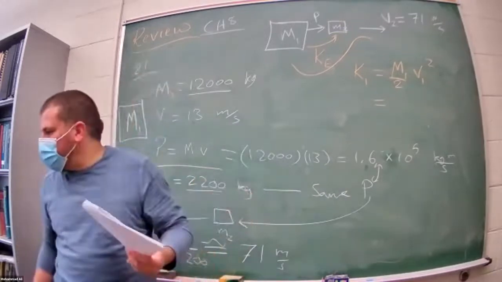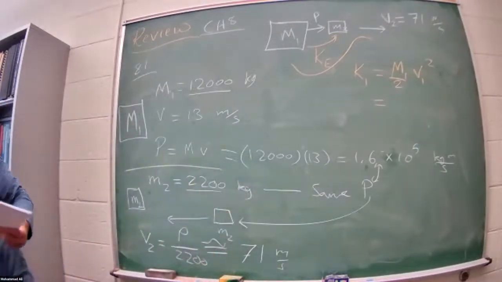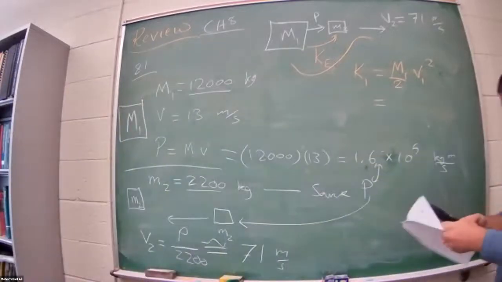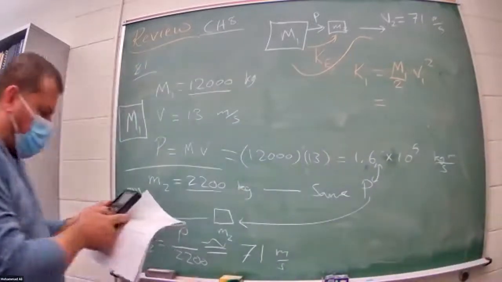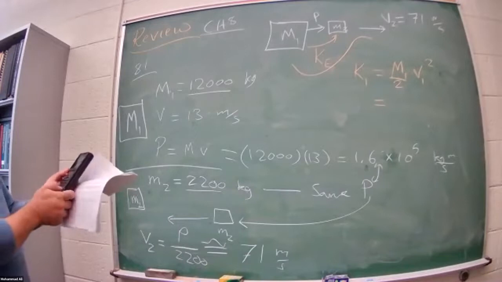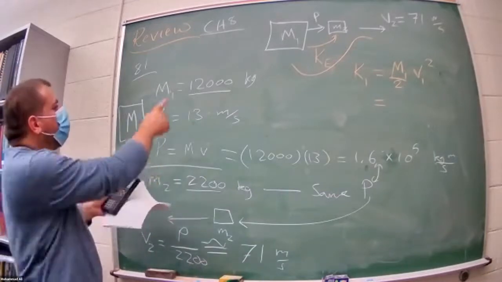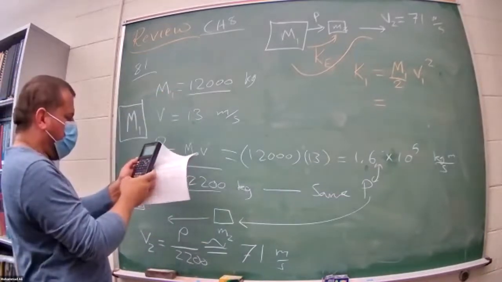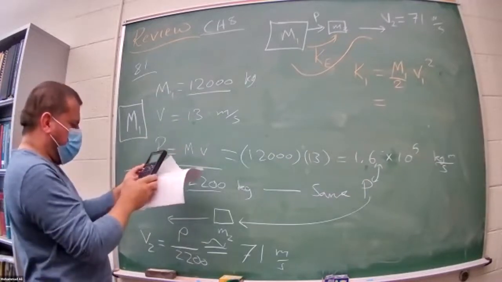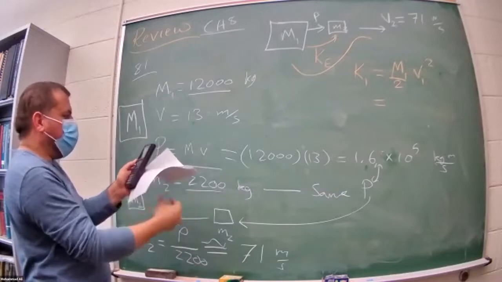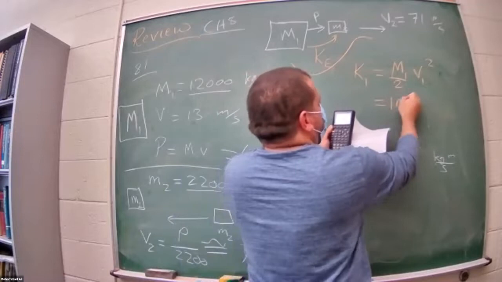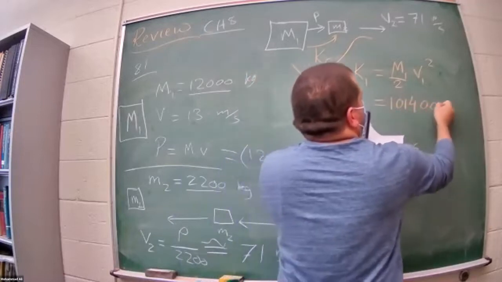Where's the calculator? Ah, it's here. It is half multiplied by the mass, which is 12,000, multiplied by 13 squared. It is equal to about 1 million joules.